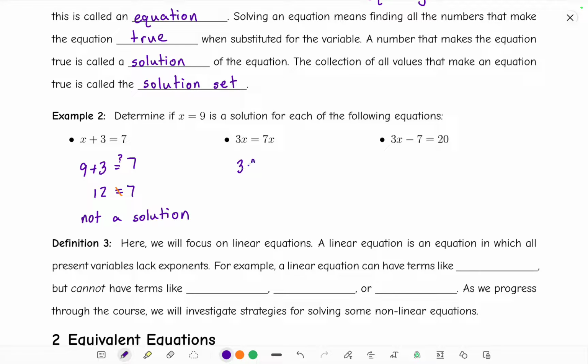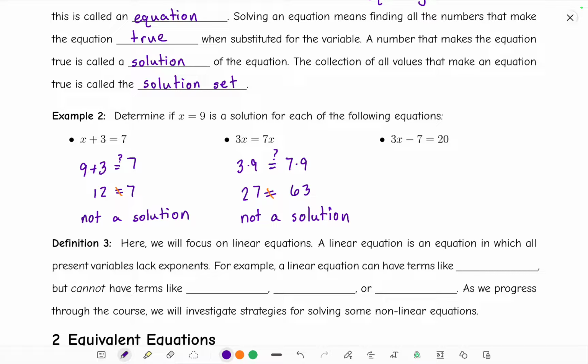Does 3 times 9 equal 7 times 9? Well, 3 times 9 is 27. 7 times 9 is 63. Those are not equal. So this is, again, not a solution.